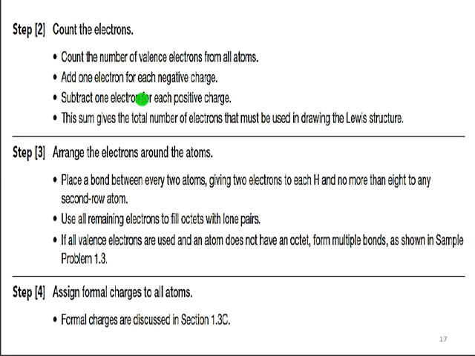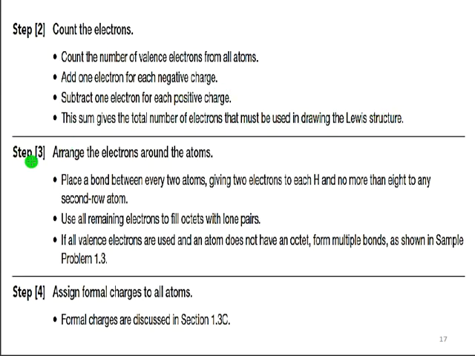Subtract 1 electron for each positive charge. If you have a cation with positive charge, you have to remove 1 electron. Okay, this is from the count of electrons. You have to calculate the number of electrons. This sum gives the total number of electrons that must be used in drawing the Lewis structure. Okay.